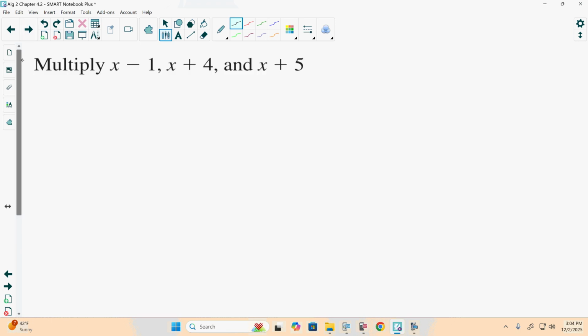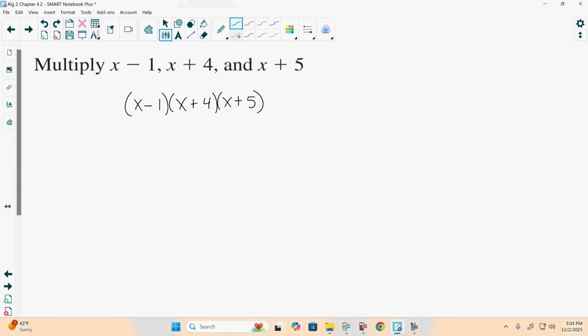We'll do one more. So for this here, we're going to multiply 3 together. And really multiplying 3 polynomial expressions together isn't any different than multiplying 2. It's just that we're going to multiply 2 of them together, simplify, and then multiply the results.